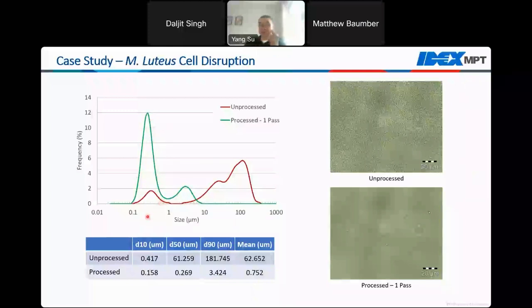That means the generation of very small cell debris. And from the microscope image here, you can barely see any intact cells anymore. Again, due to the resolution, you will not be able to see the small cell fragments, but at least the image shows you the efficiency of the process, which leaves no intact cells behind. Most of the cells have been ruptured.